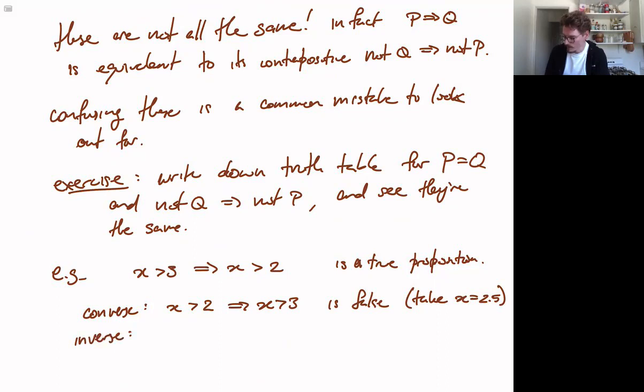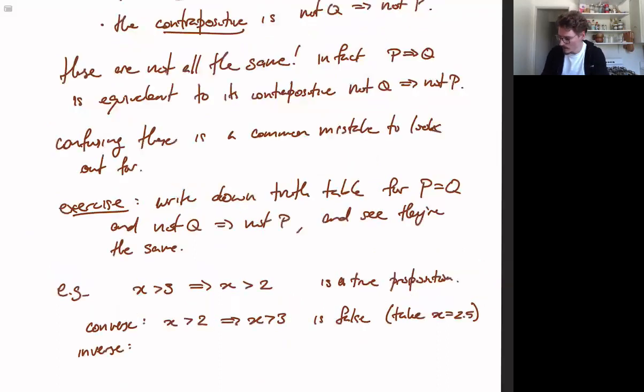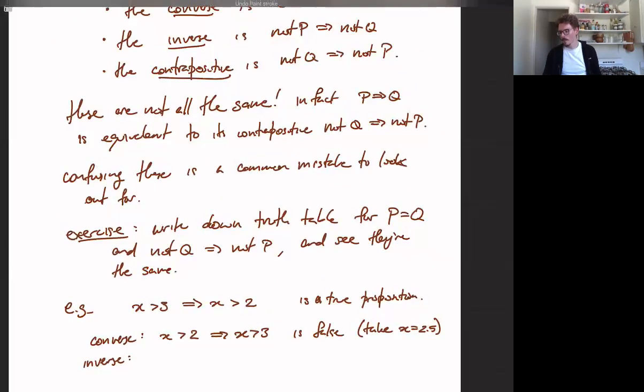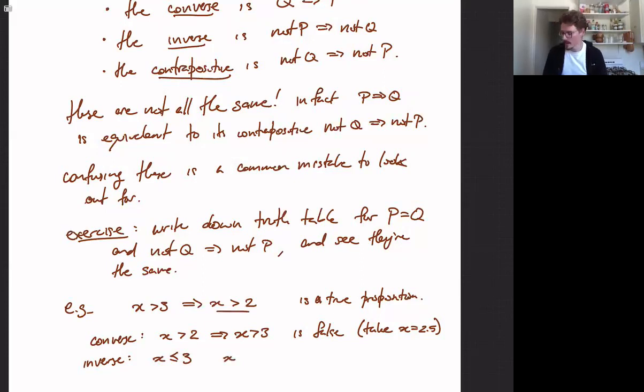So the inverse, let's remember real fast, means we keep them in the same order, but we put a not in front of each of them. And what does that do in this situation? What does it mean that x is not greater than 3? That means x is less than or equal to 3. And same on this side. If x is not greater than 2, what is the negation of this?